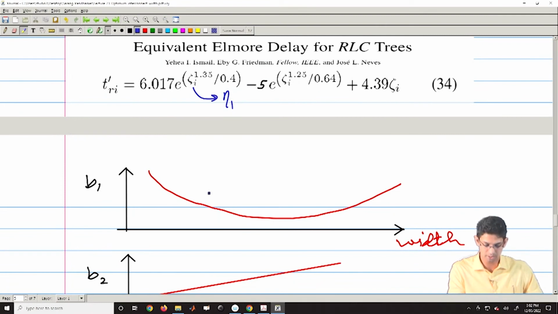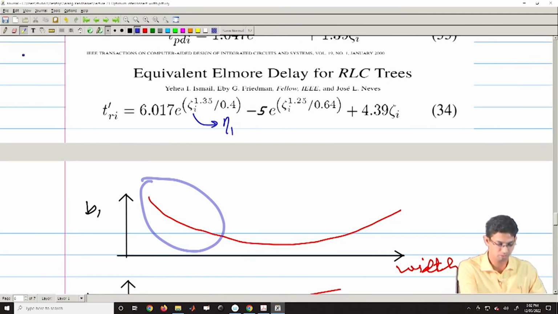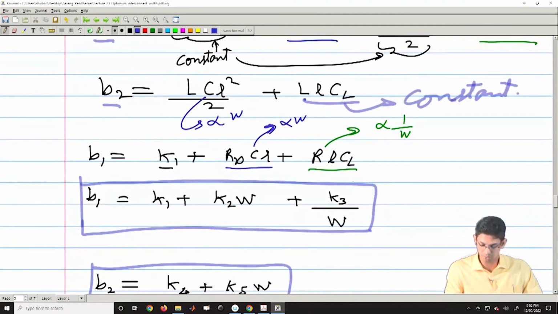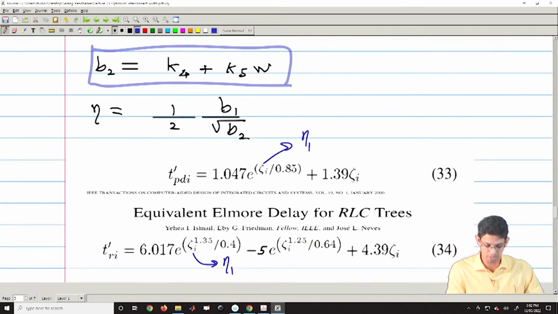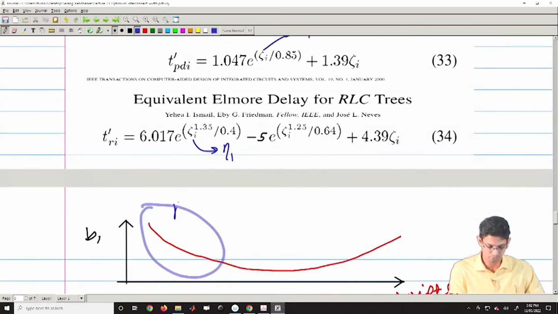In this region where you have this inverse dependence on your width, what is dominating? R is inversely dependent on width, so your R into L into CL is dominating.